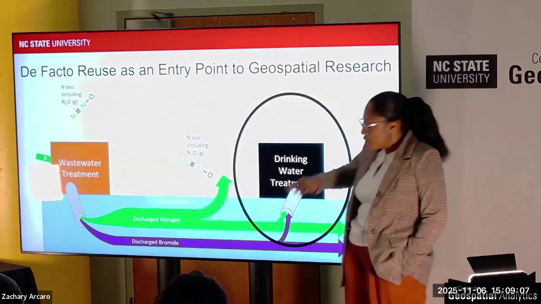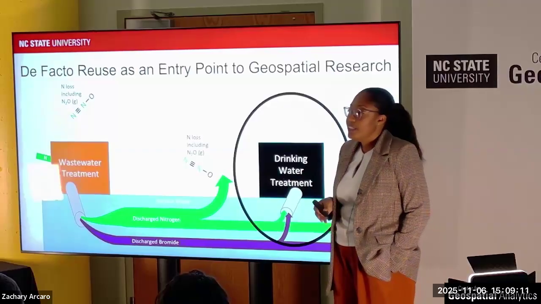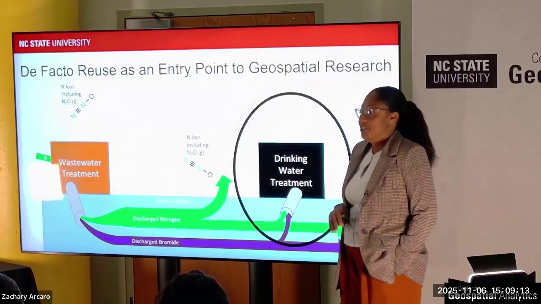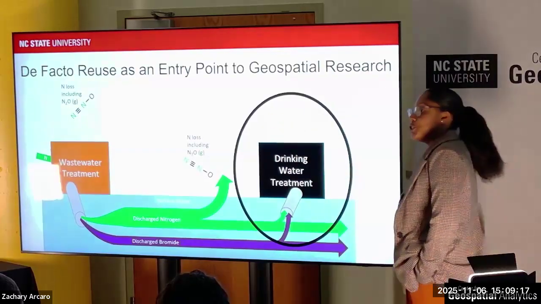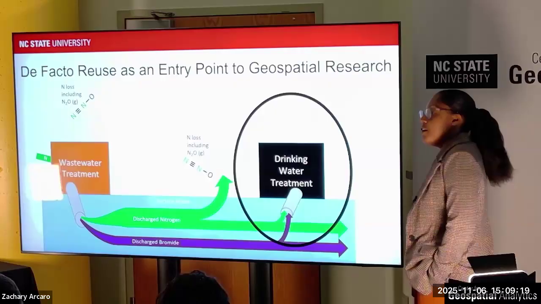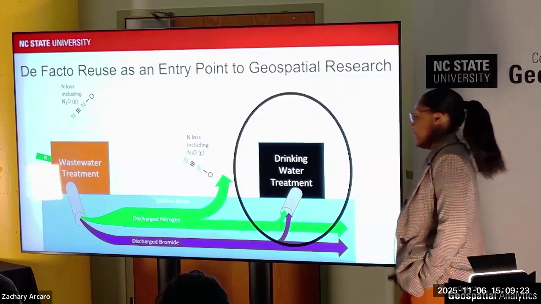If you're localized in a city, your drinking water intake is upstream of your discharges, right? But if you are on a major river and there's a city downstream of you, you may have wastewater discharges that make it down to your city.